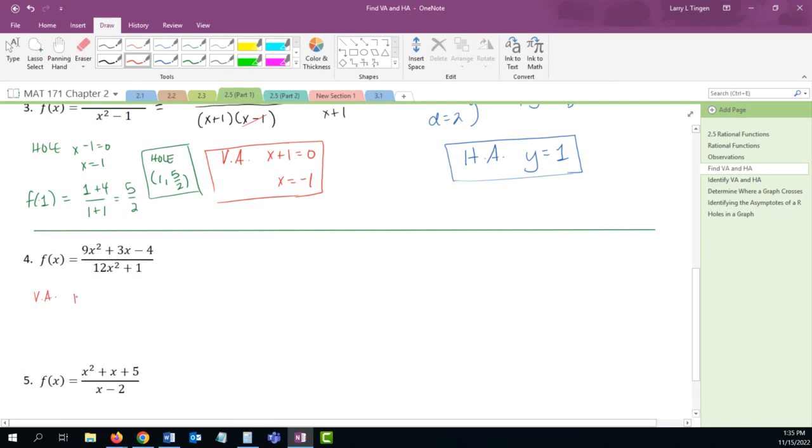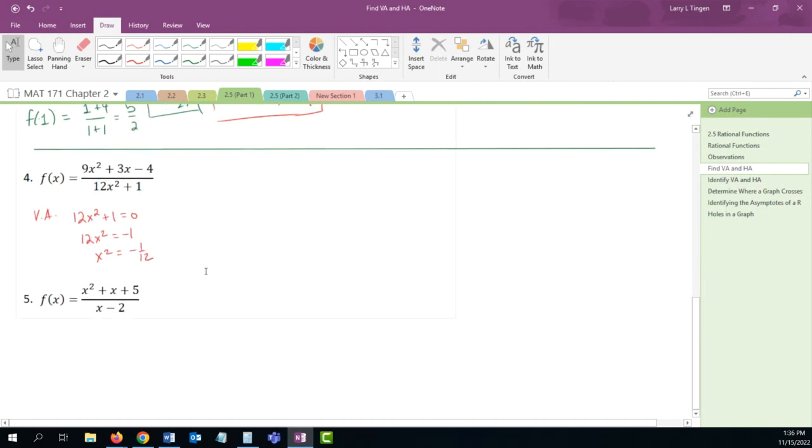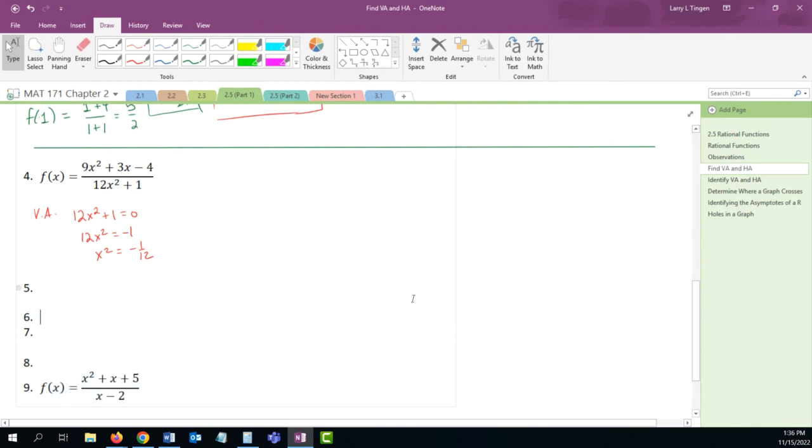So what makes the denominator 0? 12x squared plus 1 equals 0. 12x squared equals negative 1. X squared equals negative 1 over 12. Take the square root of both sides.